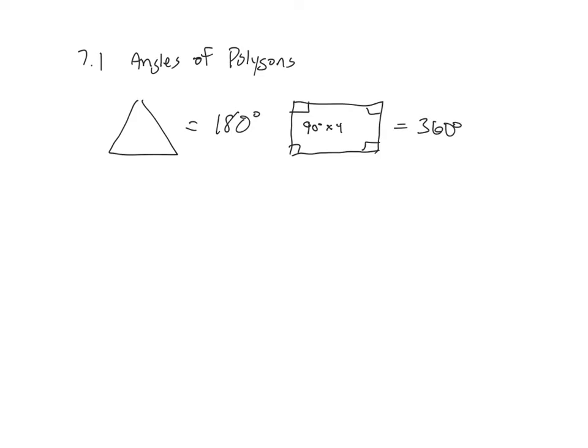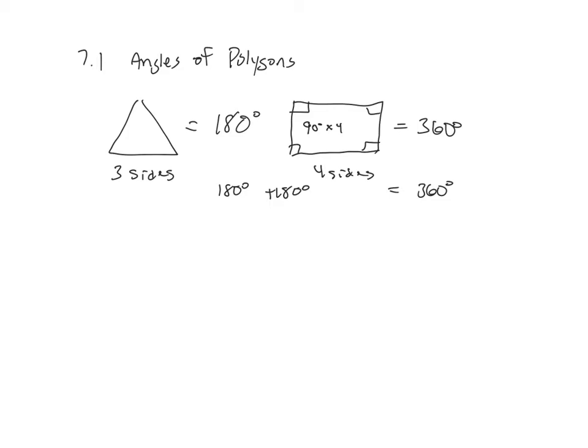If you notice, triangle 3 sides, rectangle 4 sides, this is 180 degrees, and then if you just add another 180, it equals 360 degrees.